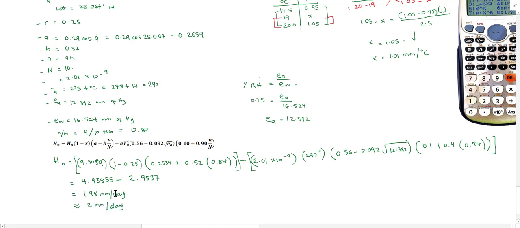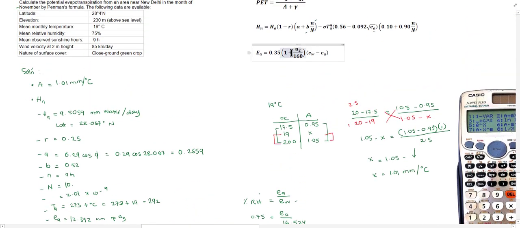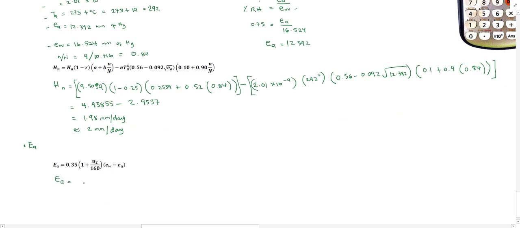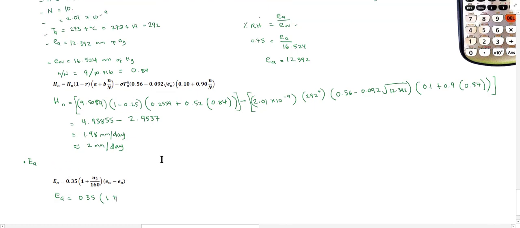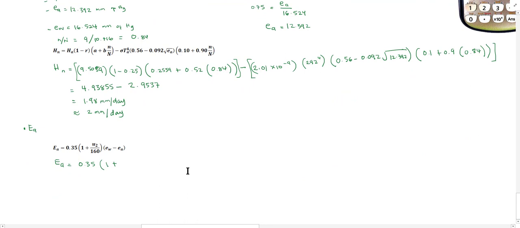Okay. So next is we are going to compute this one. We solve for our E sub A. E sub A is equal to 0.35 times 1 plus our U sub 2 is 85 kilometer per day.